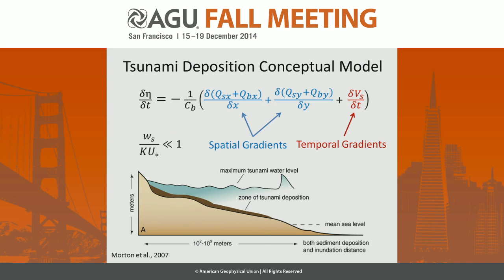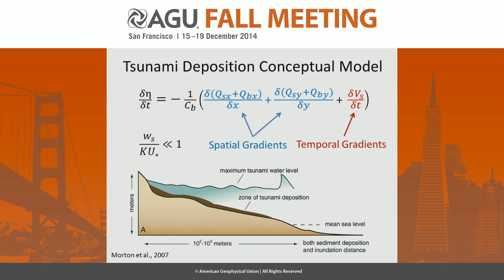And for tsunamis, it's thought that the majority of sediment transport occurs in suspended load because particle settling velocities are low relative to shear velocities. So deposition from suspended load can occur due to either spatial gradients or temporal gradients.